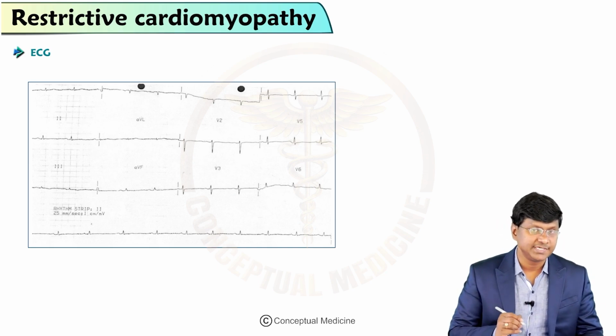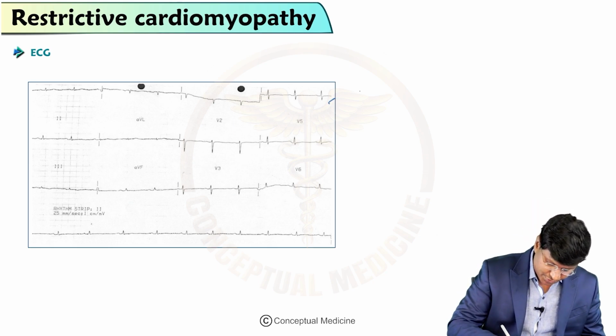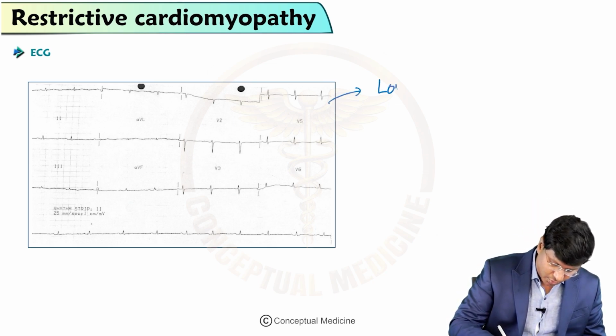So, what does the ECG show? ECG in patients with restrictive cardiomyopathy will show you the presence of low voltage complexes. Now, what do you understand by low voltage complexes?